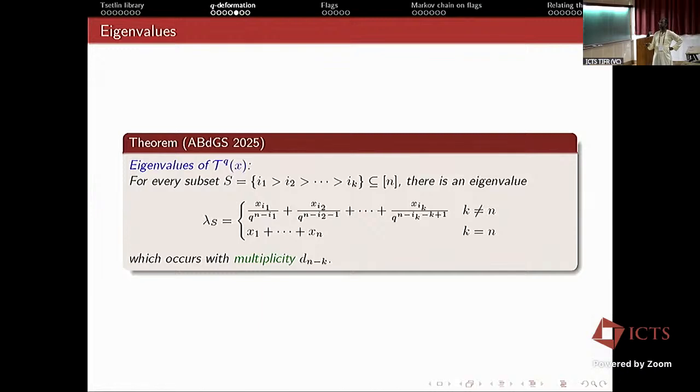The next theorem is again a generalization of the Tsetlin library, where we give the eigenvalues. For any subset of 1 through n, which we order in decreasing order, we get an eigenvalue which modulates each xi with some power. And again, the multiplicity is exactly the same, the derangement number.